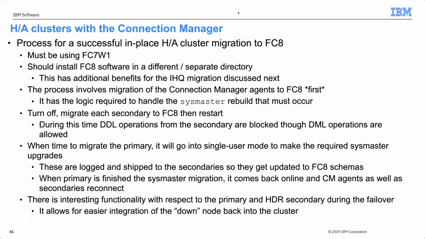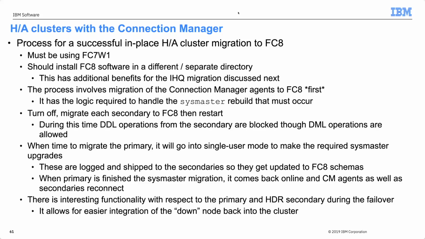Briefly, the migration process in this particular case starts with the secondaries and moves to the primaries. And you must be on FC7W1 with the connection manager running. The reason why this is so important, and by the way, the connection manager needs to be 4.50 FC8, is that version of the connection manager and later has the correct logic to understand what's happening within the cluster, particularly on the primary migration.